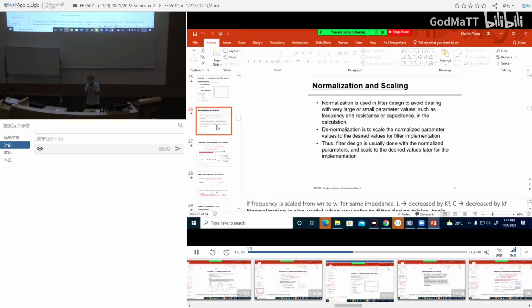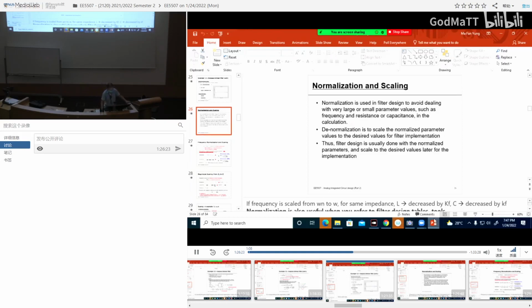This makes the design table simple. Otherwise, you have an infinite number of design tables. You want 1 kilohertz, 2 kilohertz, 3 kilohertz, wow. So that's why they have this normalization concept.